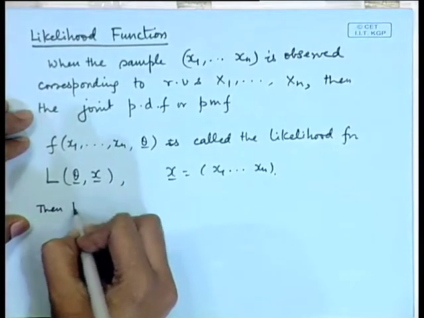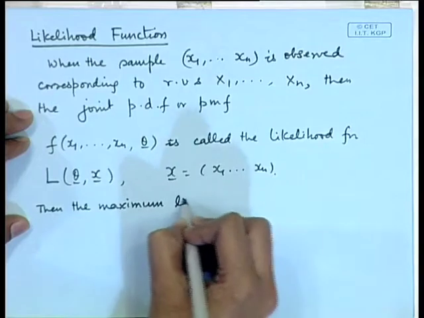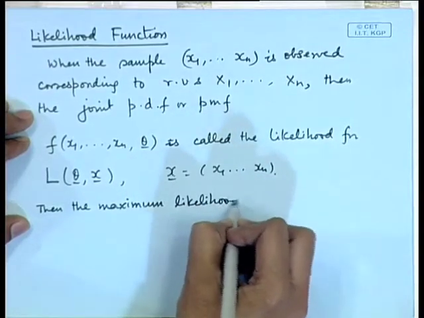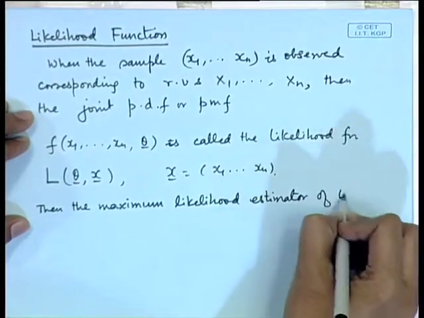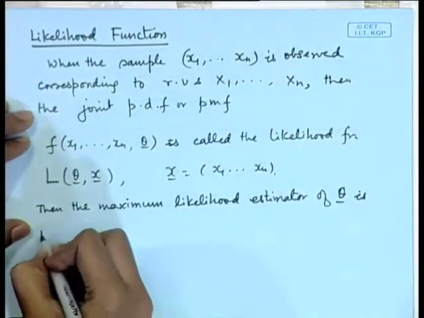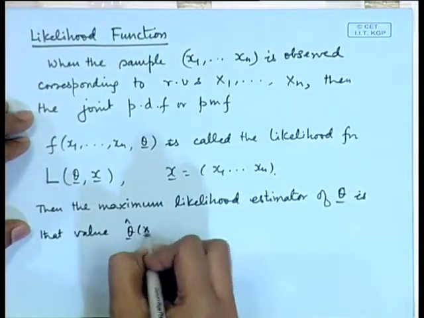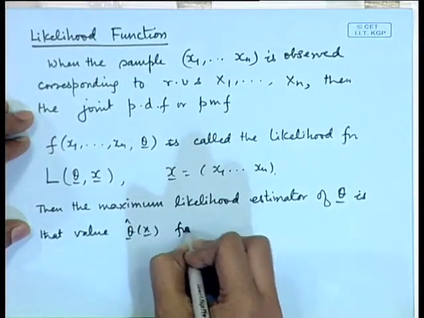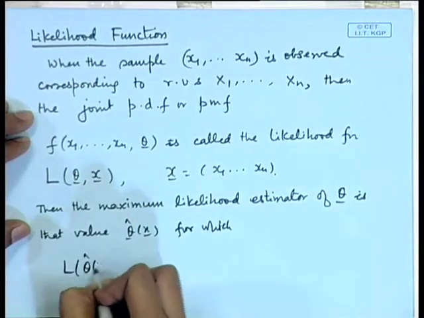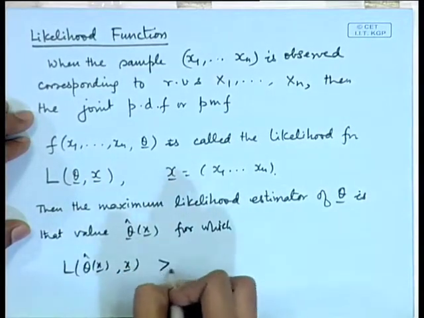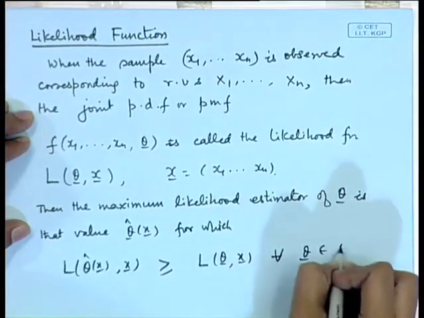Then the maximum likelihood estimator of theta is that value theta hat(x) for which L(theta hat; x) is greater than or equal to L(theta; x) for all theta belonging to Theta.